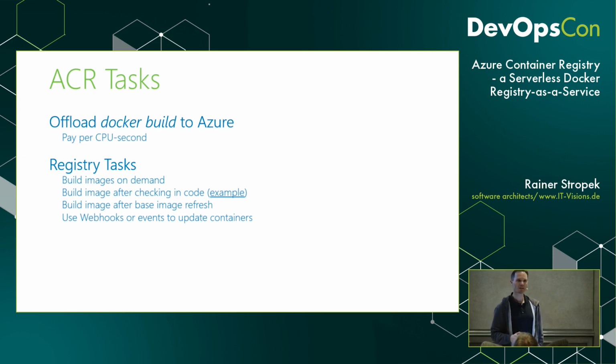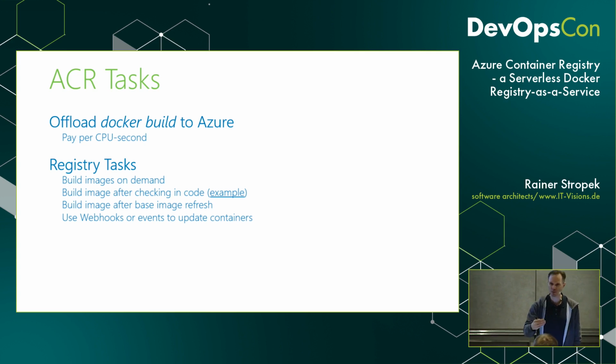Or the third one is especially interesting in enterprise scenarios. You can also automatically trigger the ACR build whenever the base image changes. Imagine that you are depending on a base image on a Linux distribution or any platform like Node or whatever. And if the base image changes, ACR will recognize that automatically.